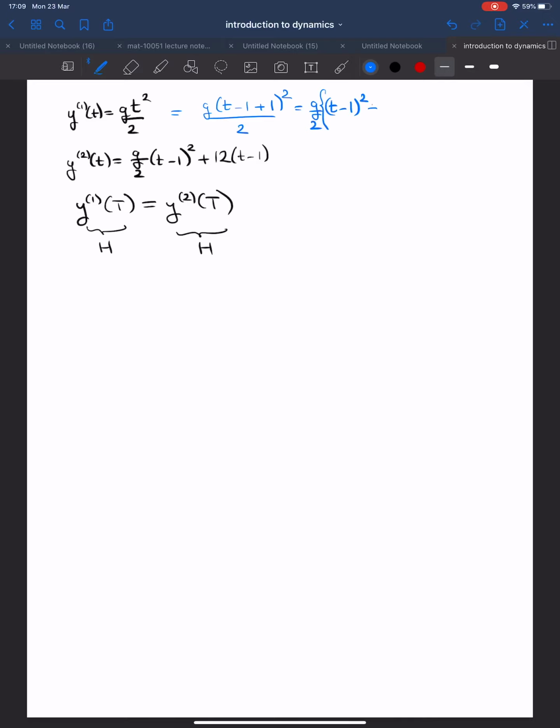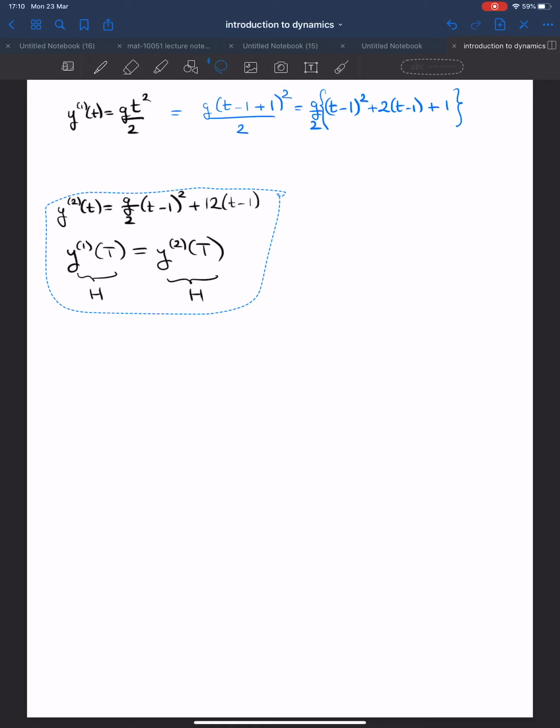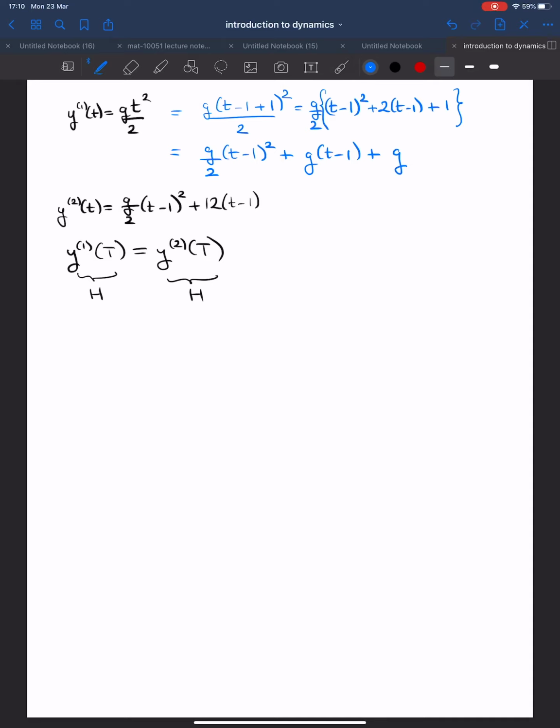Okay, so plus 2 times (t minus 1) plus 1, squared. All right. Now if I just shove this down a second. This is then g over 2 times (t minus 1) squared plus g times (t minus 1) plus g. Okay, so I'm going to keep it like that.